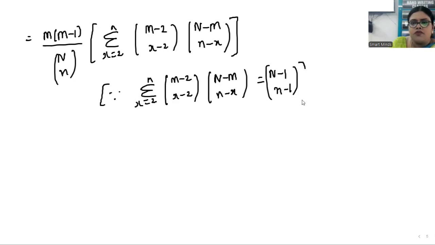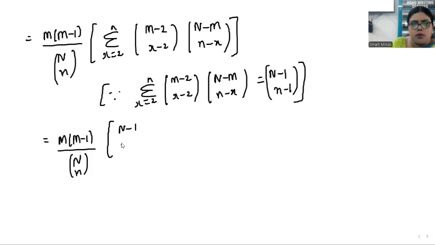Now we will use this formula. So that will become m into m minus 1 by NCn into, in the place of this whole bracket, we will write N minus 2 C n minus 2.